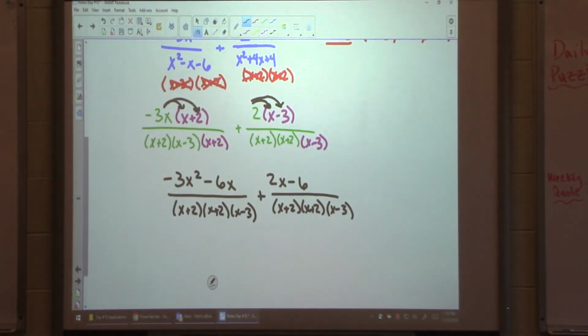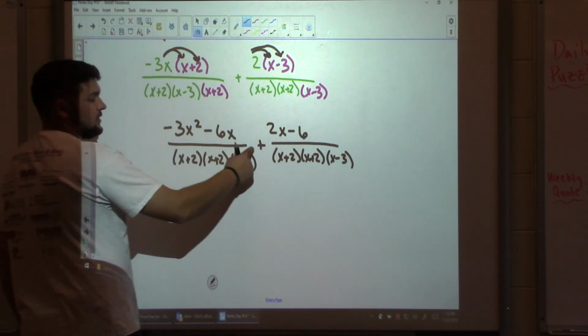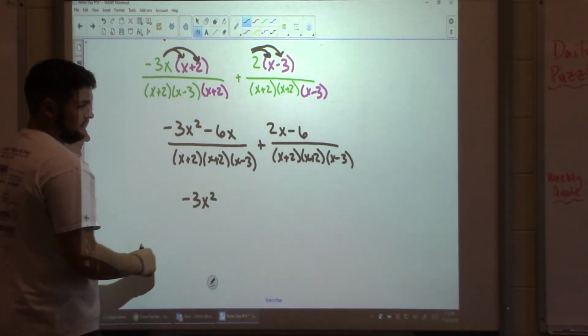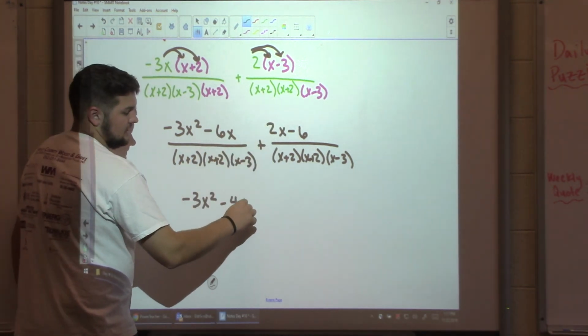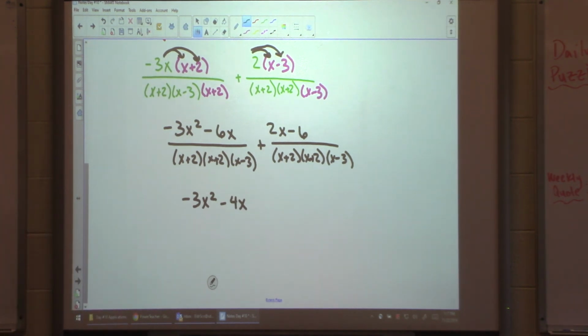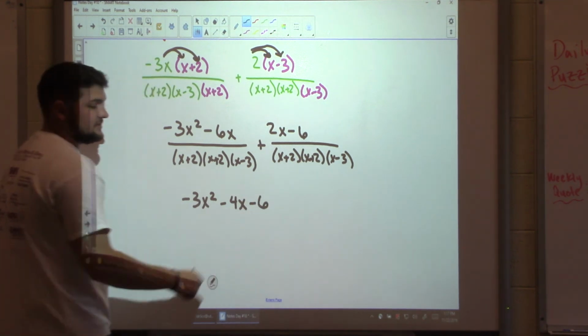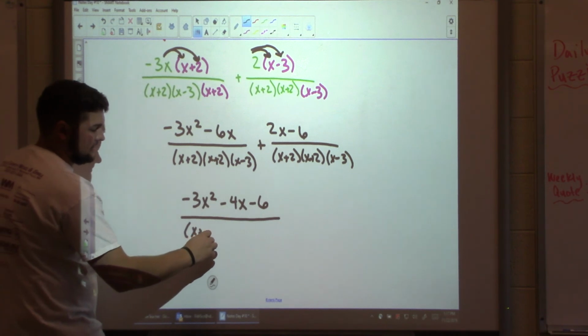Yes. Did I lose anyone on that step? We all follow me so far? Okay, so now that I have common denominators, I'm going to add across the numerators. Negative 3x squared, there's no like term, so it stays negative 3x squared. Negative 6x plus 2x is negative 4x. Zero plus negative 6 just stays negative 6. And that is over that common denominator.